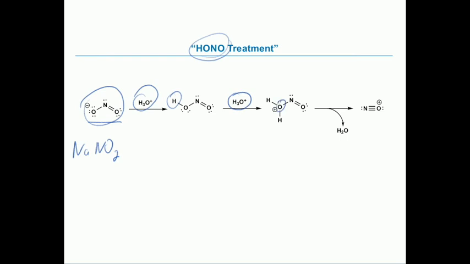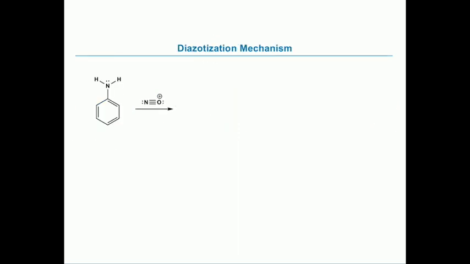So if we protonate a second time, this is where we'd pick up one more proton here. What we've done is we've created a very good leaving group on this side, so we can just fracture that nitrogen to oxygen bond, and that gives us our reactive electrophile. So this is the same theme that we do with sulfonation as well as nitration, right? The higher oxidation components under acidic conditions, we're losing water to create our electrophilic reagent.